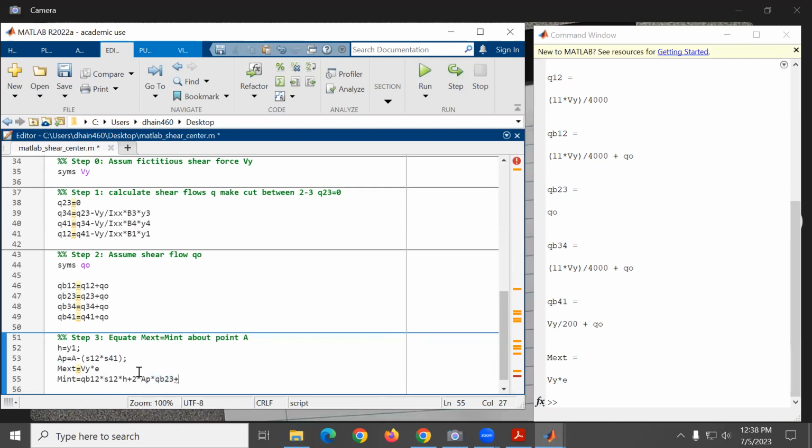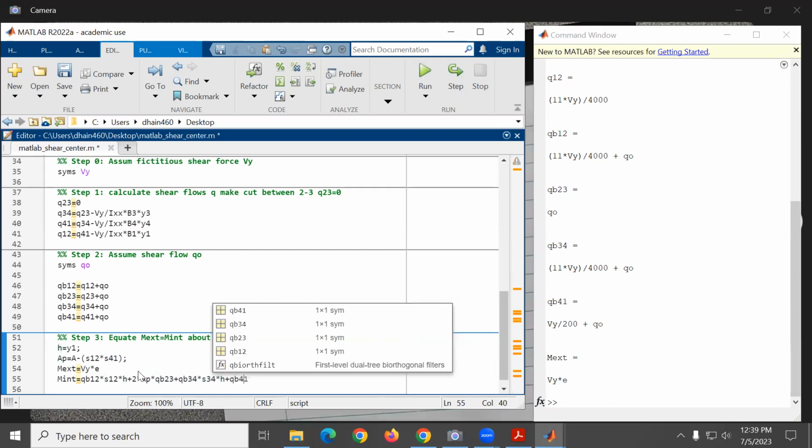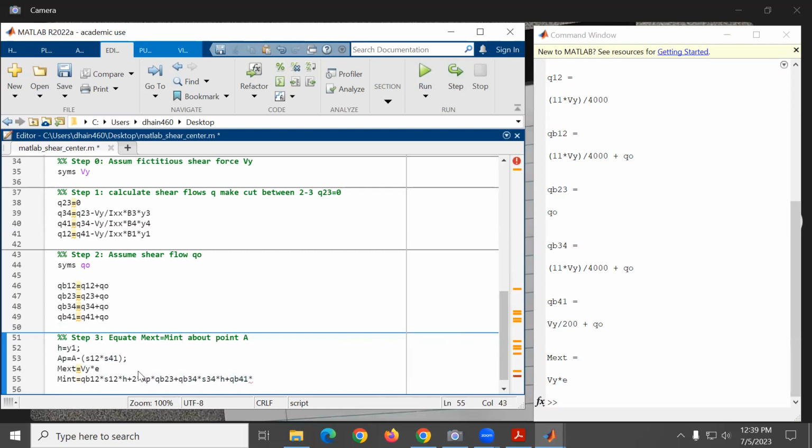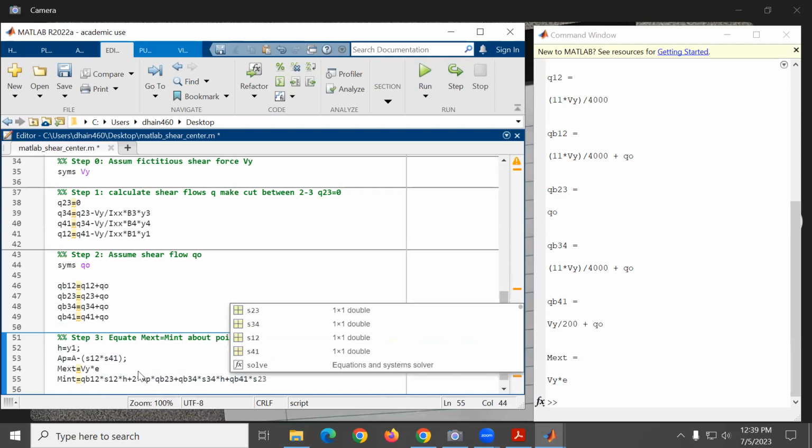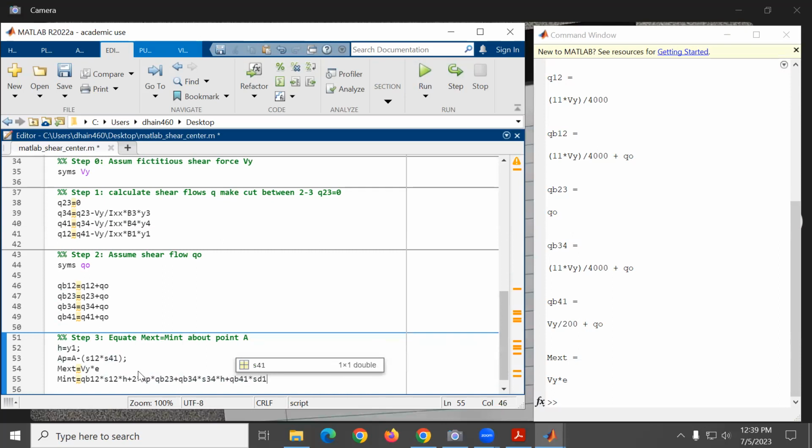Q bar 34 times S34 times H plus Q bar 41 times S41 times, that's 1, 2. I think here I did a mistake here. 41 times S12. Is that it?